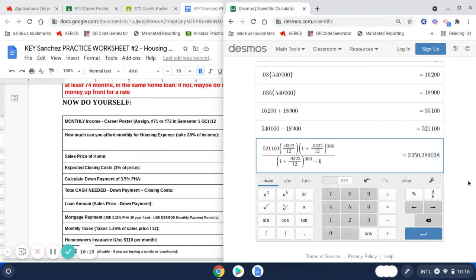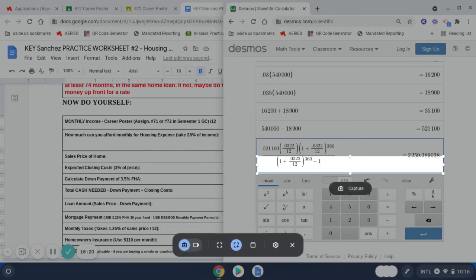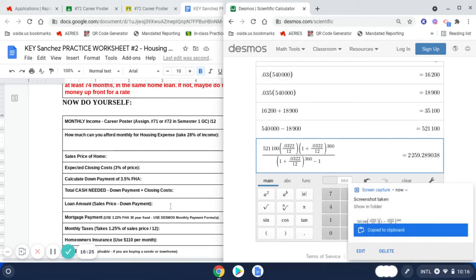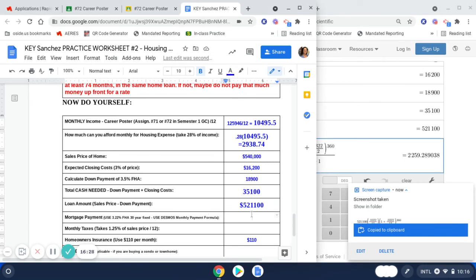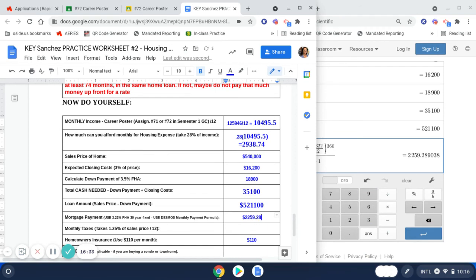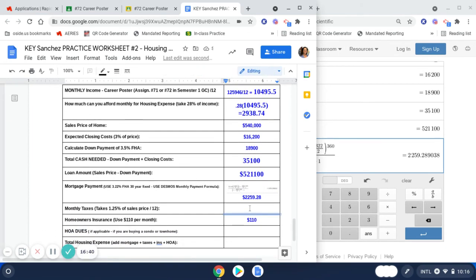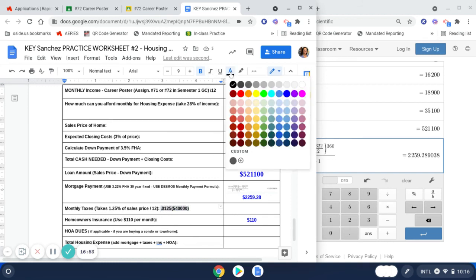All right, so we get $2,259.28. Okay, monthly taxes is going to be 0.0125 in the state of California times the sales price, $540,000. And then whatever number we get for that, we have to divide by 12.